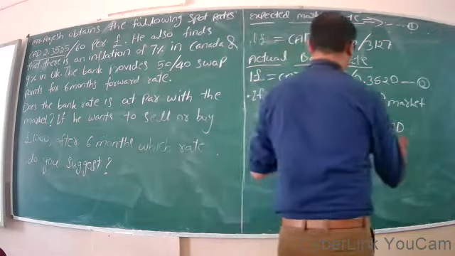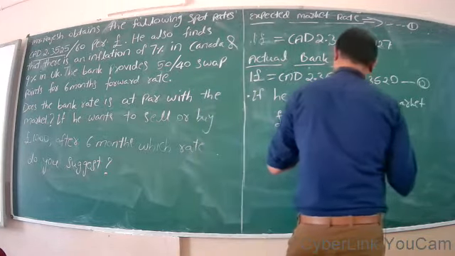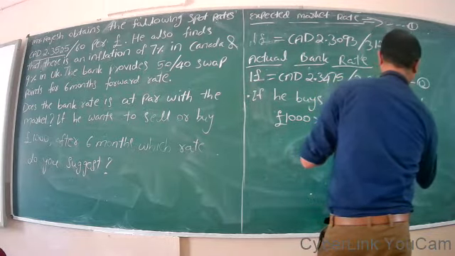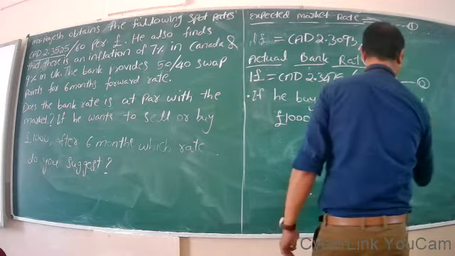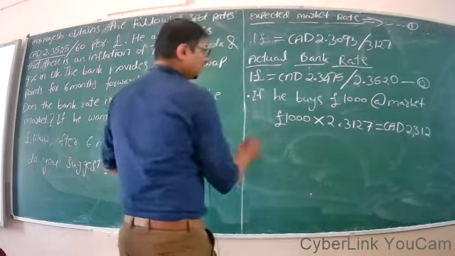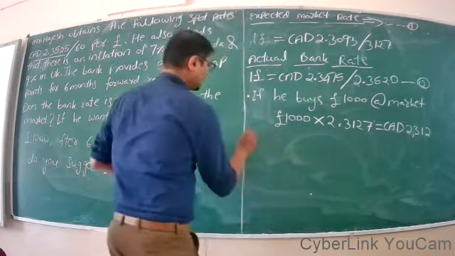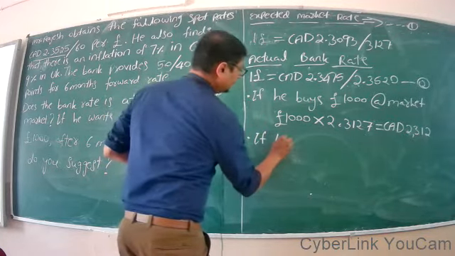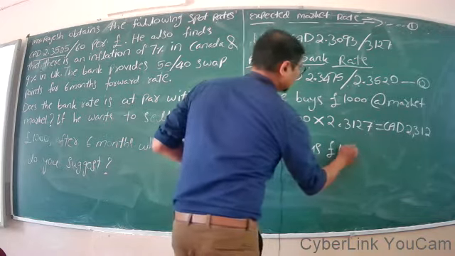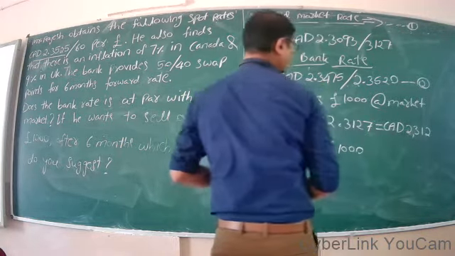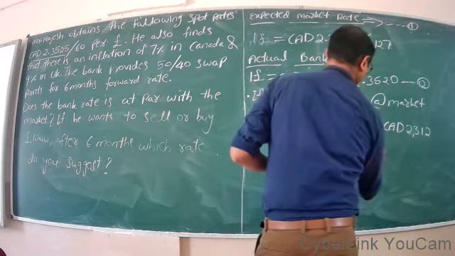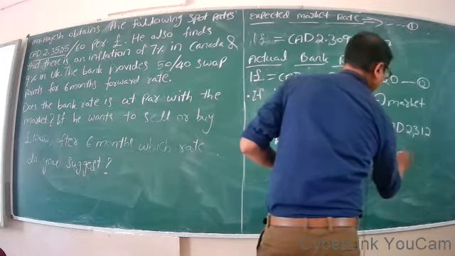So Canadian dollar, he intends to buy 1000 sterling pound, he has to pay 2312.7 Canadian dollar. Now if he buys at market rate, what happens if he buys 1000 sterling pound at bank rate?